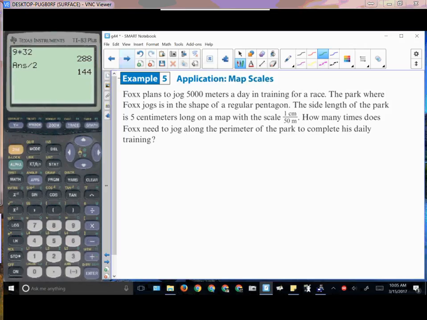He's got two things. He's looking at the map and he's looking at the park. Okay, so side length of the park is 5 centimeters, right? Now, we want to know what the park is going to be.